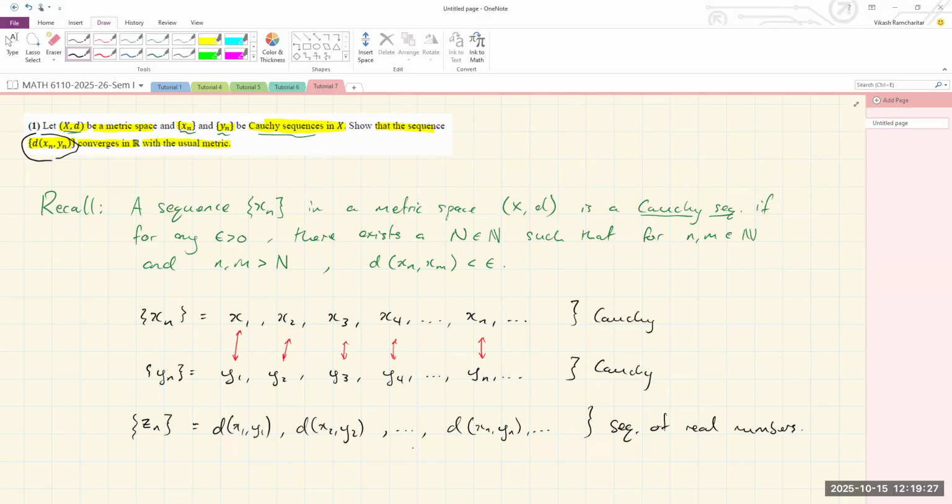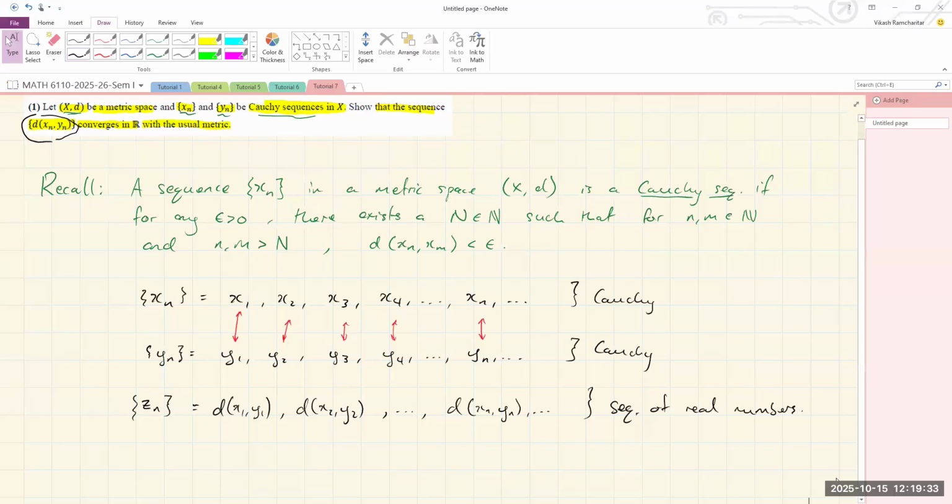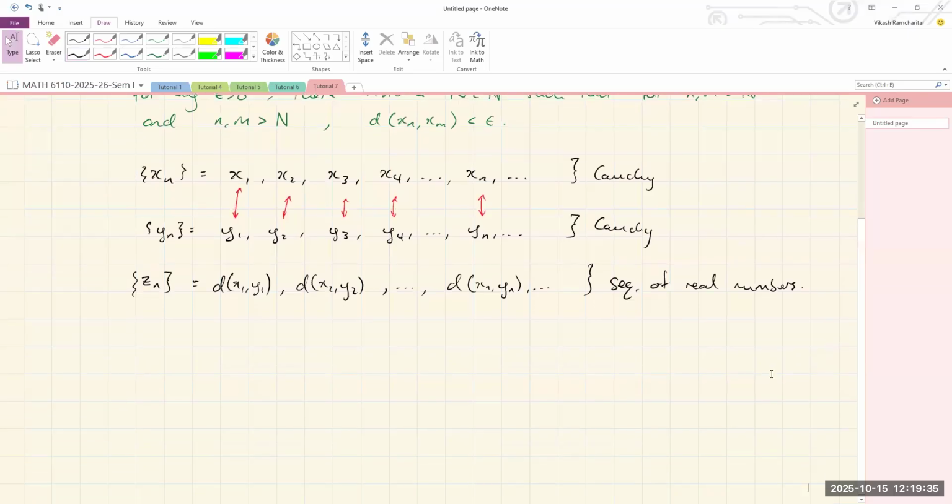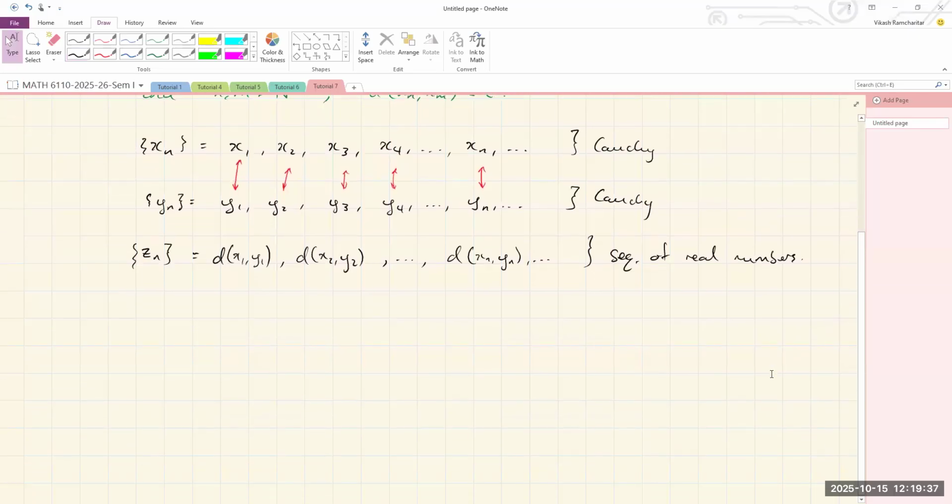And I guess you may guess that what we're going to exploit here is the fact that the real numbers form a complete metric space. So essentially what I want to do is show that this sequence zn, a sequence of real numbers, is a Cauchy sequence in the real numbers. Therefore, it will converge.